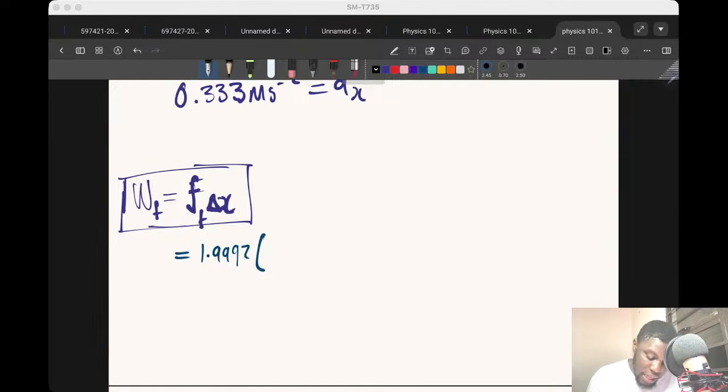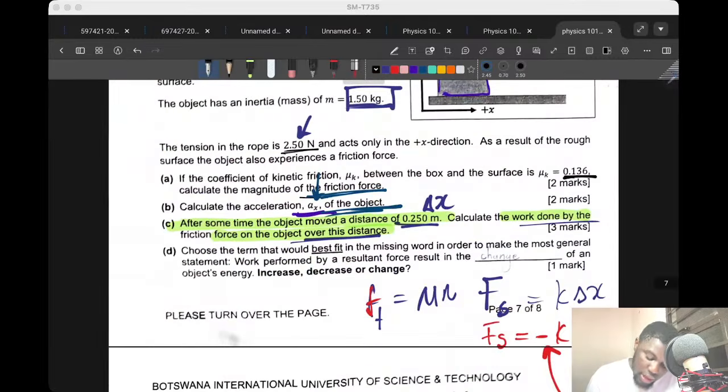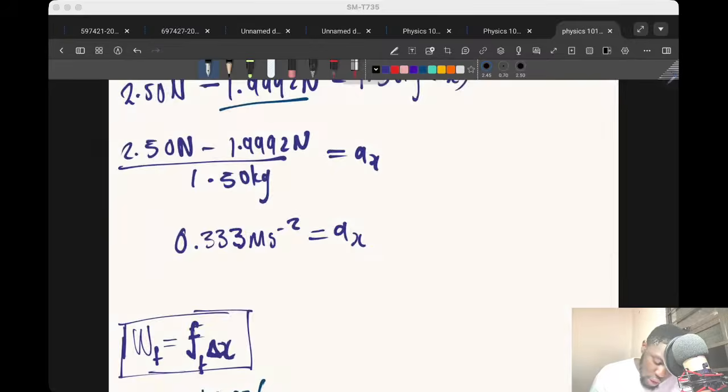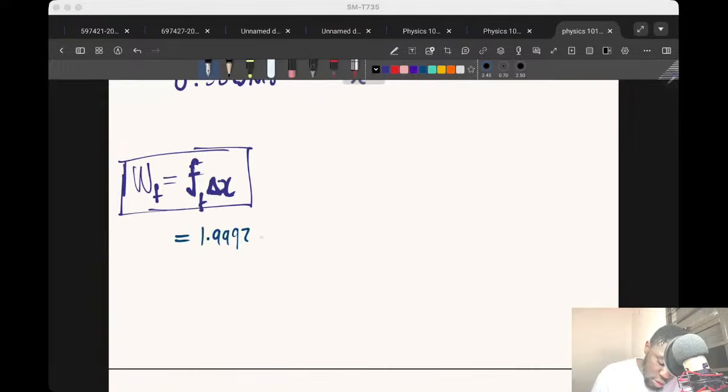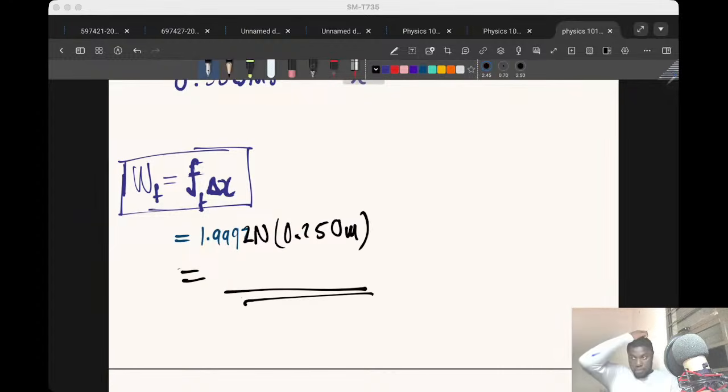They said after some time it moves a distance of 0.250, so you multiply this in newtons by 0.250 meters. That's your work. Now, this is the work done by the force of friction. Then you are done. Well done.